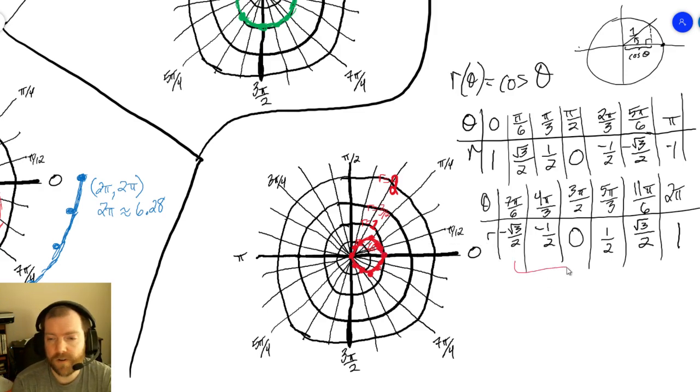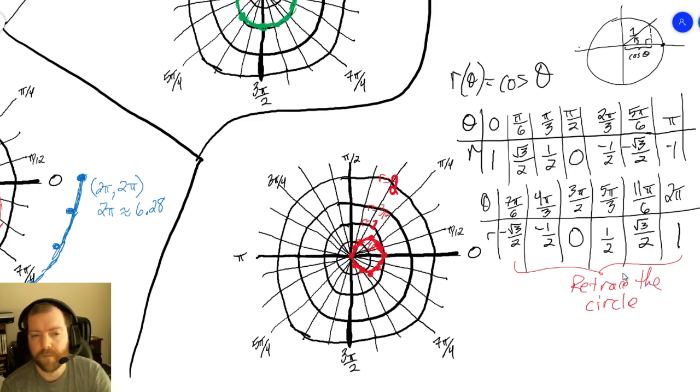So all of these are going to retrace the circle. So r of theta equals cosine theta is going to create a circle that is going to get doubled, and it has a radius of 1/2.